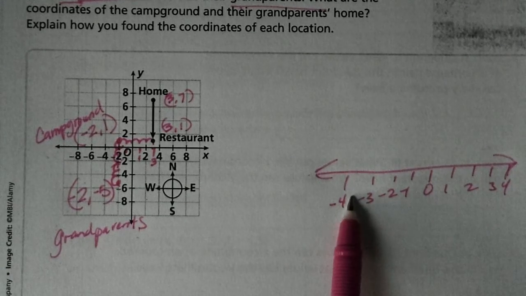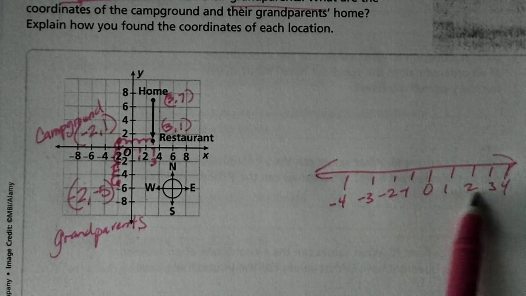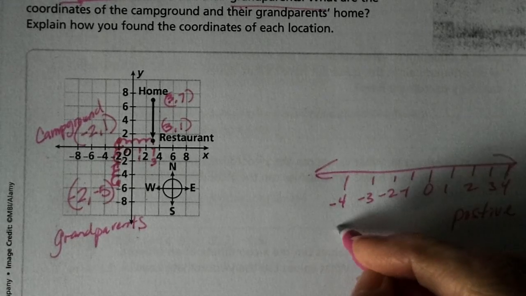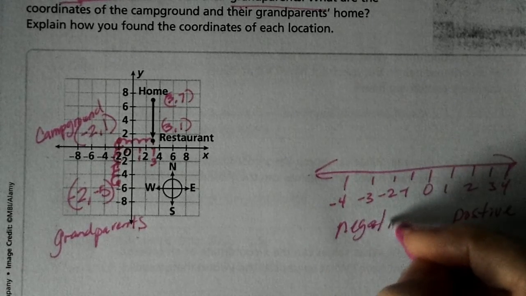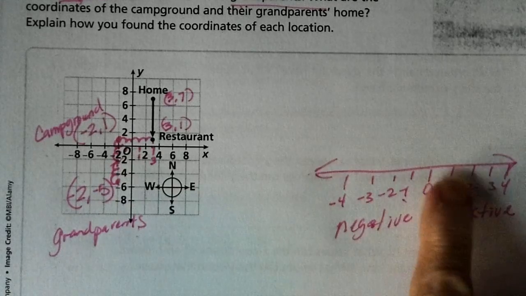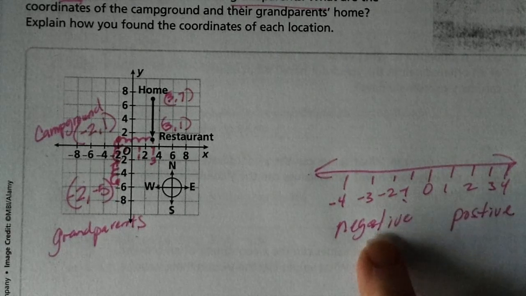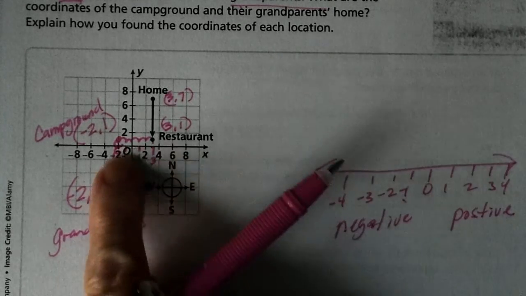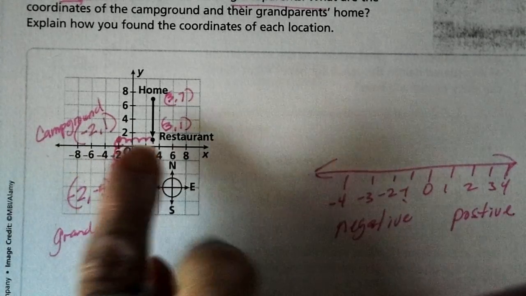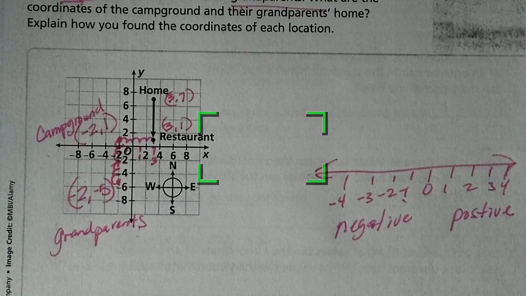What do you notice? That it goes left to right and negative to positive. Yep. So as you can see, 0 is in the center, and it's still in the center. On the right, I have my positive numbers, and on the left, I have my negative numbers. Same thing if you look here, my x-axis, positives on the right, negatives on the left. Okay?